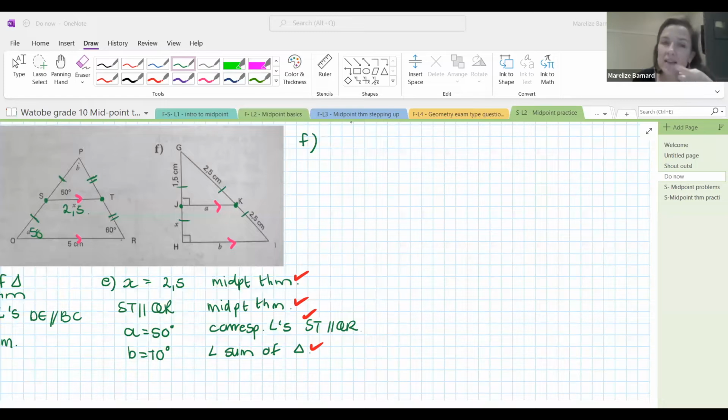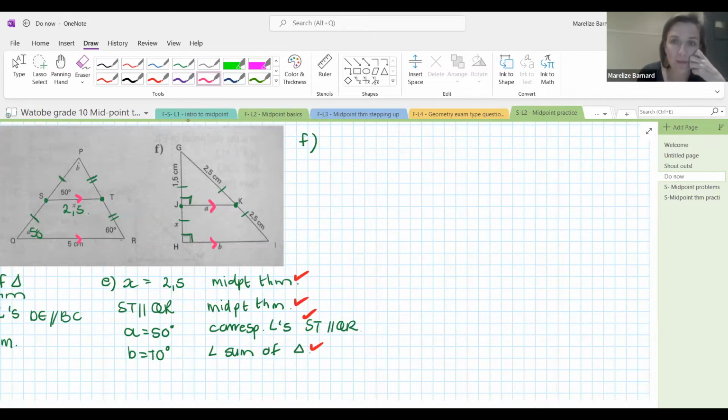Oh, so this one's got a bit of a trick to it because what we've got here is that GJK is equal to GHI. And those are corresponding, so that means for that reason, that will be parallel.